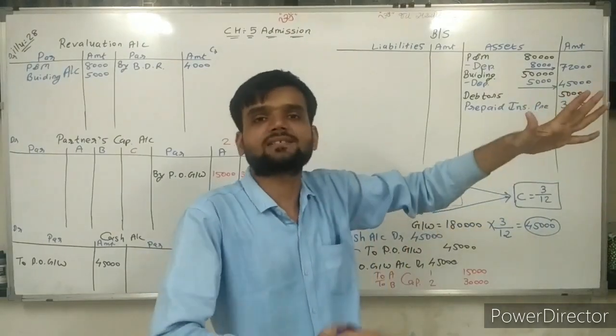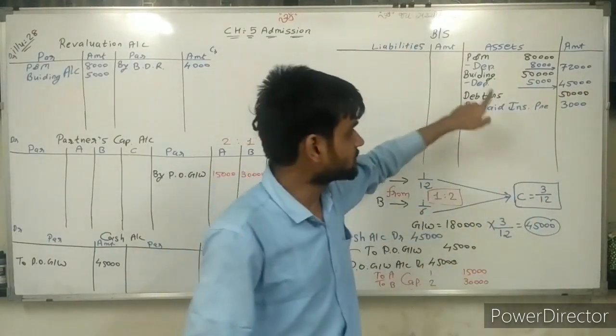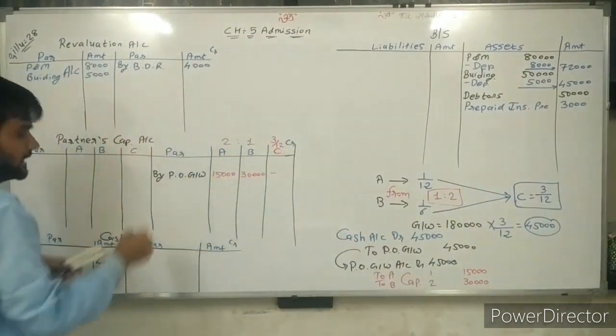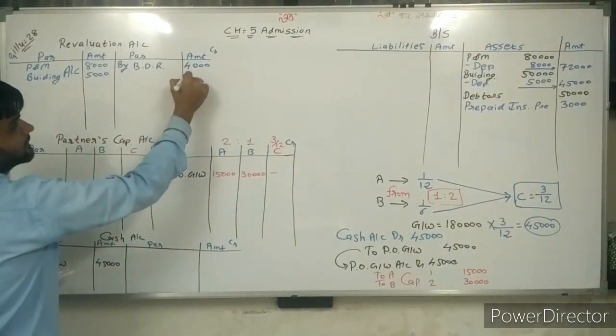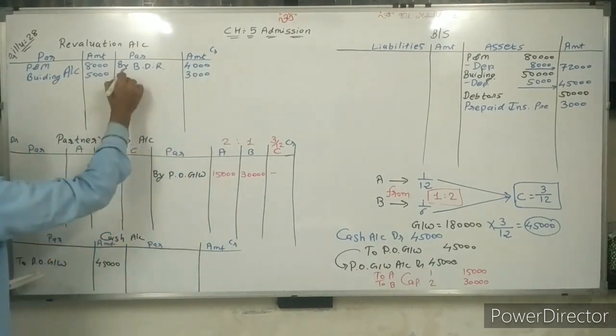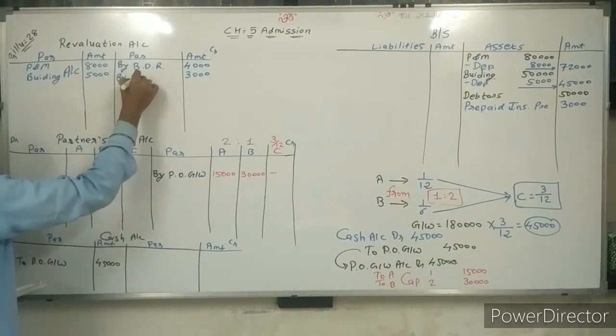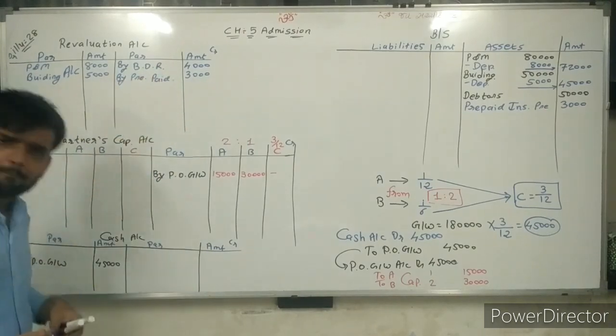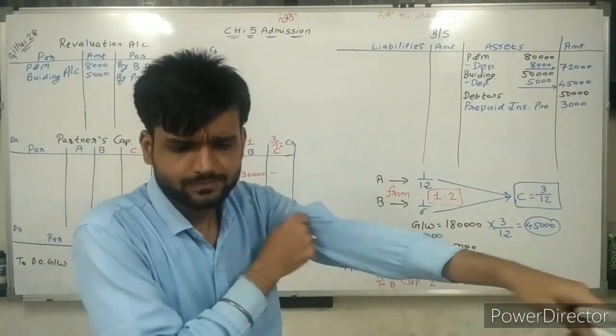It means next year's insurance premium paid today. It is my asset. Asset increase. Happy. Revaluation account credits 3,000 by prepaid insurance premium. Simple.